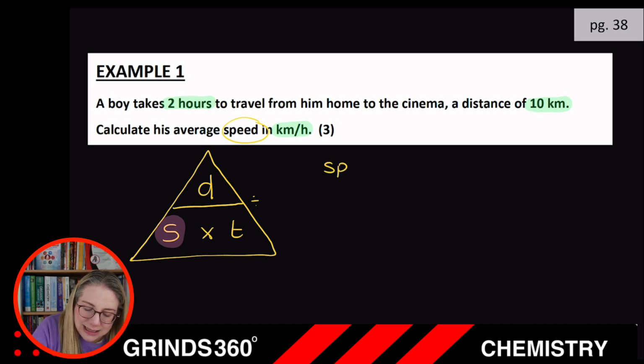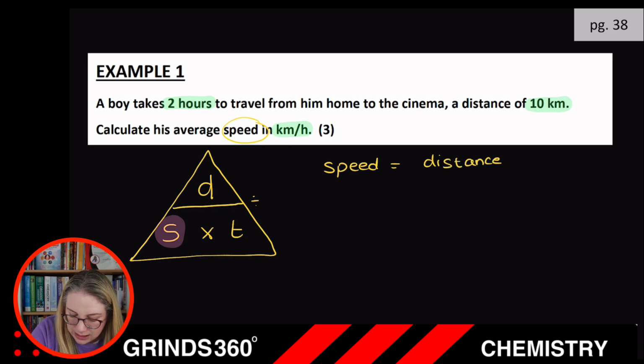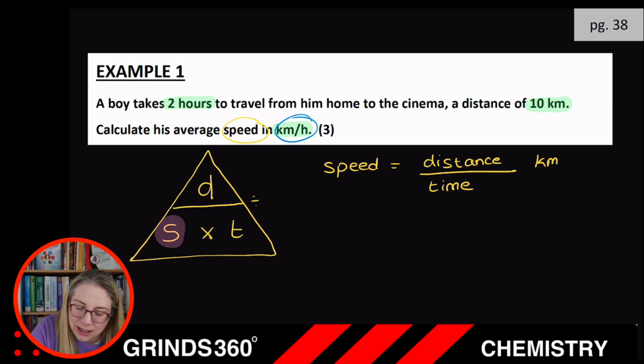So to calculate the speed, that is the distance divided by the time. If you look at the unit that they want this in, they want it in kilometers per hour. That means we need to put the distance in kilometers per, that's what that means. It means divide. And then the time has to be in hours.